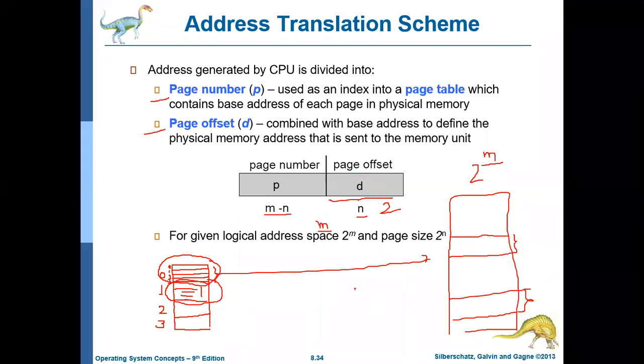If the offset is taking 2 bits, how many different values can we generate using 2 bits? 4: 0 0, 0 1, 1 0 and 1 1. So we can generate 0, 1, 2, 3. So we can say the page size will be 4.